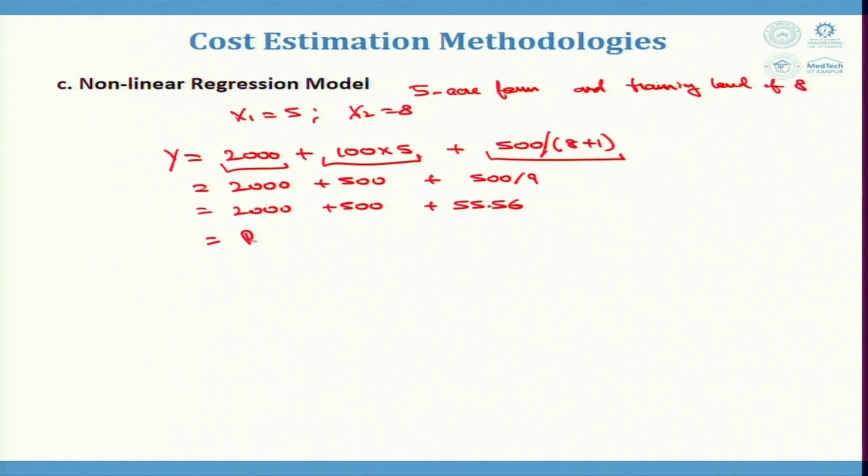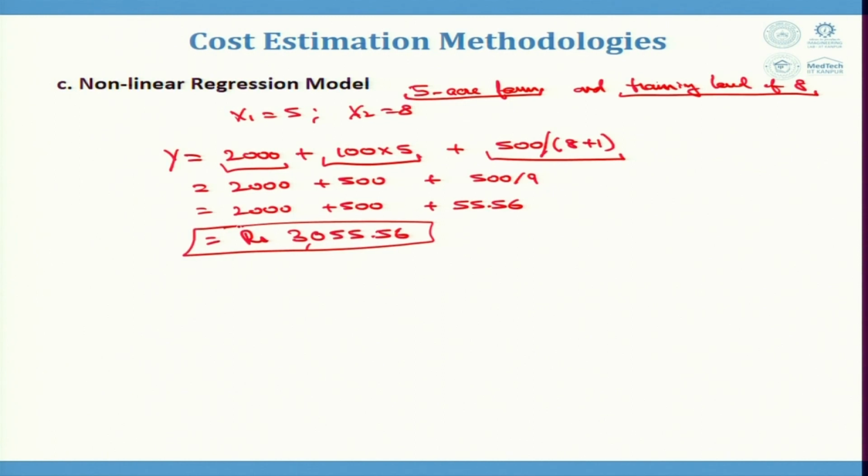This is equal to rupees 3055.56. So, based upon a nonlinear regression model, we can say for an organic farming initiative with a 5-acre farm and a training level of 8, the approximate cost of the project would be rupees 3056. This is the nonlinear regression model.